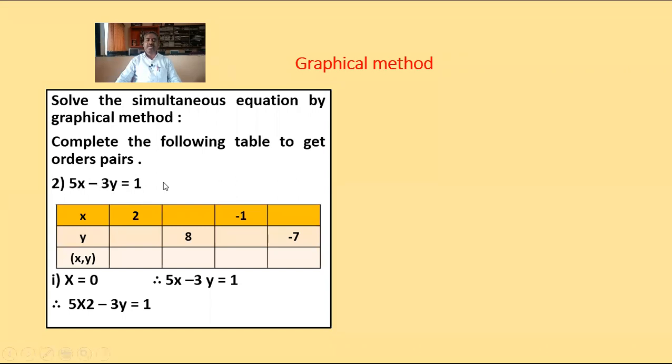This is the given equation. In this tabular form, x is equal to 2, find the value of y and its coordinate from this equation. For the second coordinate point, y is equal to 8, find the value of x. For the third coordinate point, x is equal to minus 1, find y. And for the fourth coordinate point, y is equal to minus 7, find the value of x and their corresponding coordinate points.